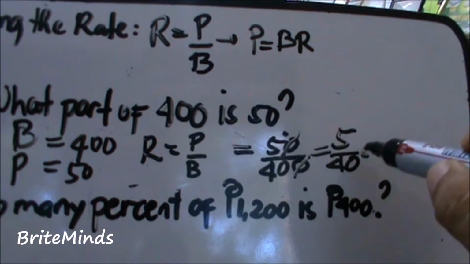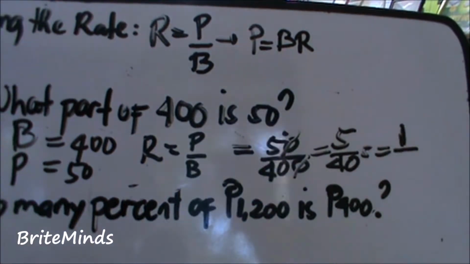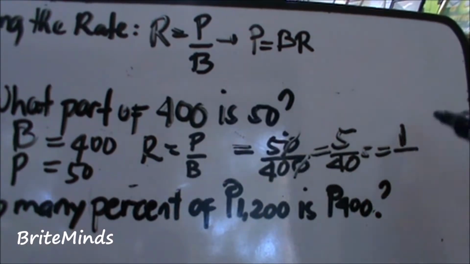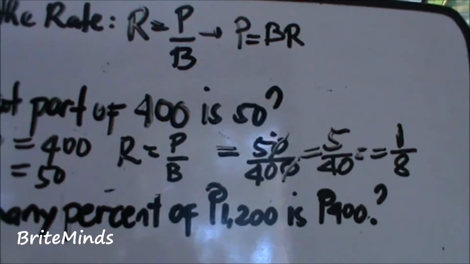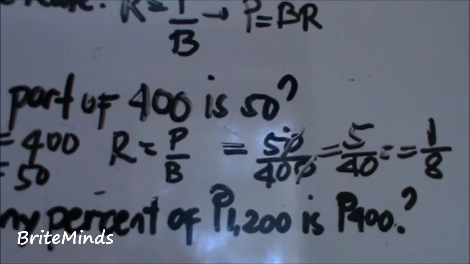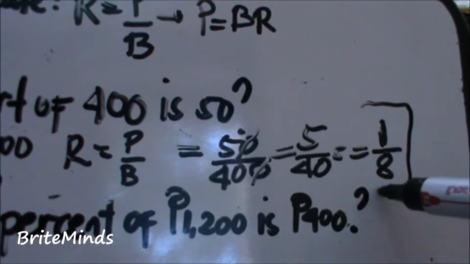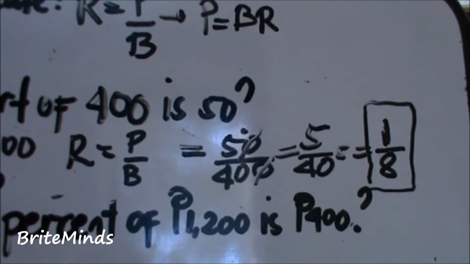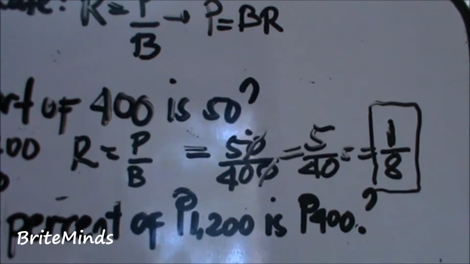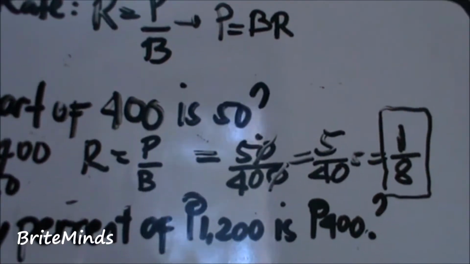So 5 divided by 5 is 1, and 40 divided by 5 is 8. So our answer is 1/8. So 50 is 1/8 of 400.